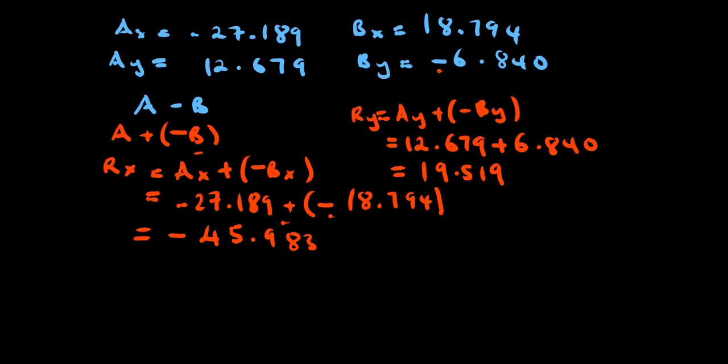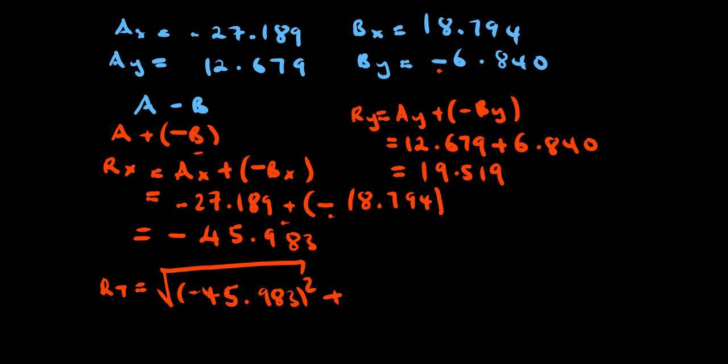So I will say the resultant total. Since we already know the formula, I will plug that in. Negative 45.983, and this is going to be squared, plus what I got on the other side, 19.519, and I square that too. The square root must go all the way over there.